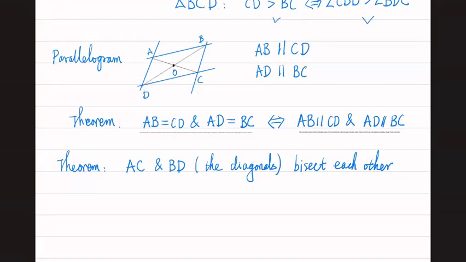In our homework, we consider a special parallelogram where all four sides have the same length.